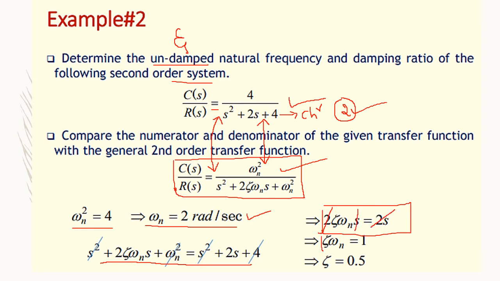Left out is zeta omega n is equal to 1. And we just found out that omega n is 2. So what is zeta? Zeta is 0.5. Again, the moment it is undamped, it indicates that zeta is almost equal to 0.